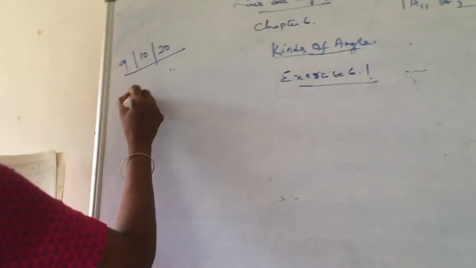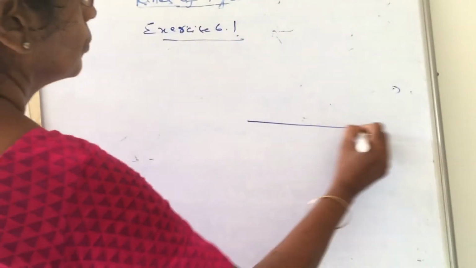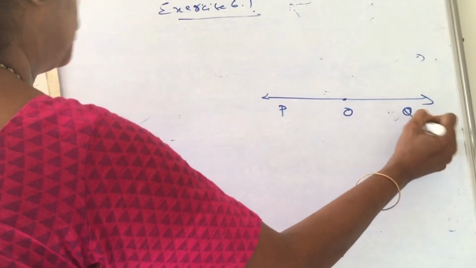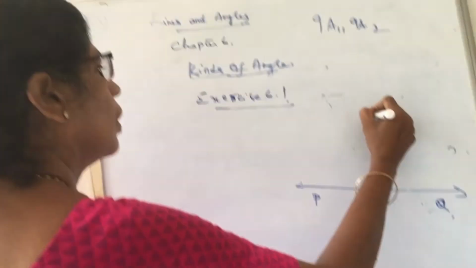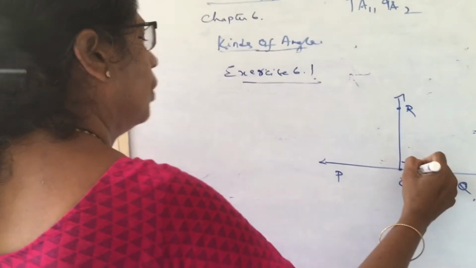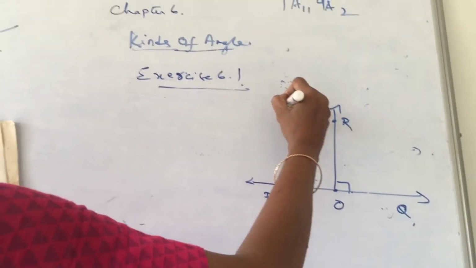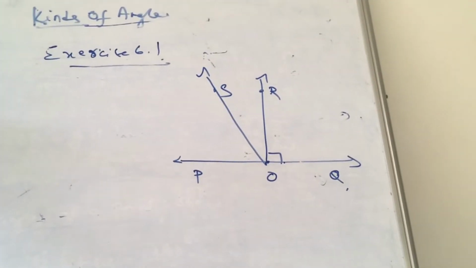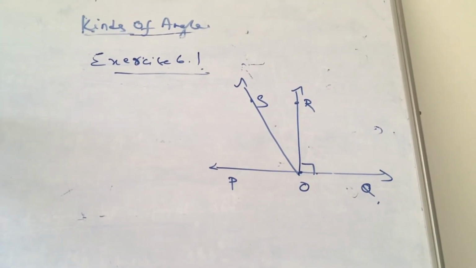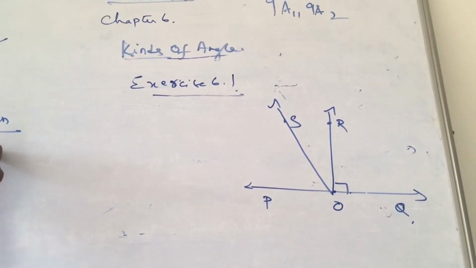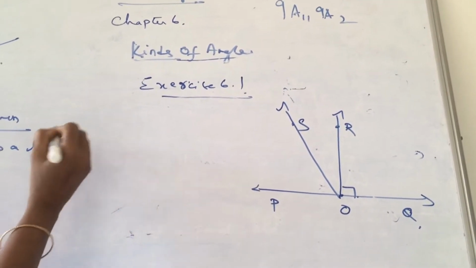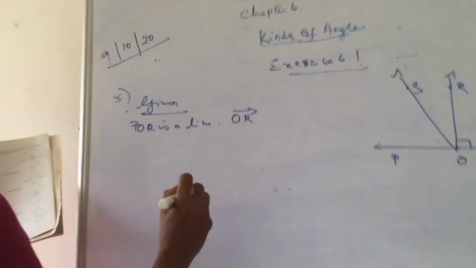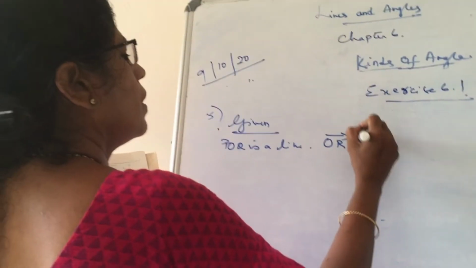Coming to the fifth question. P, O, Q, R. This is the figure given, children. What is given? Given POQ is a line. Ray OR is perpendicular to PQ.